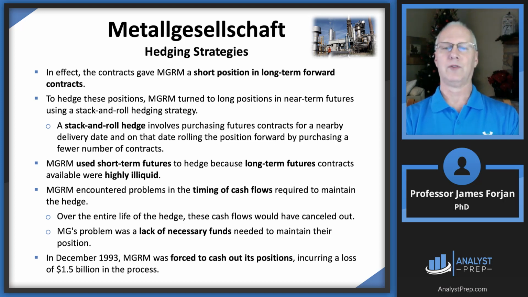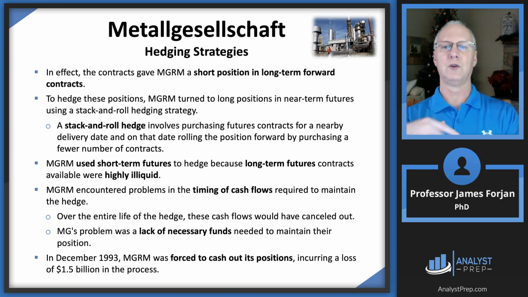What it was doing was this stack and roll hedge. Now remember, it's writing these forward contracts for, let's say, a 10-year period, and it's hedging them with short-term futures contracts. So maybe this is a month out, or maybe it's 2 months or 3 months out.